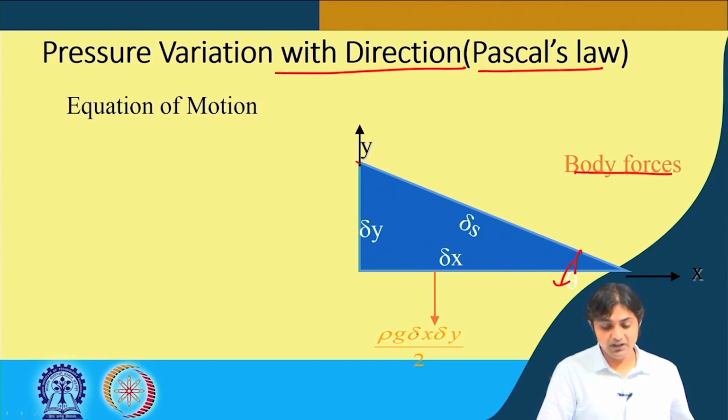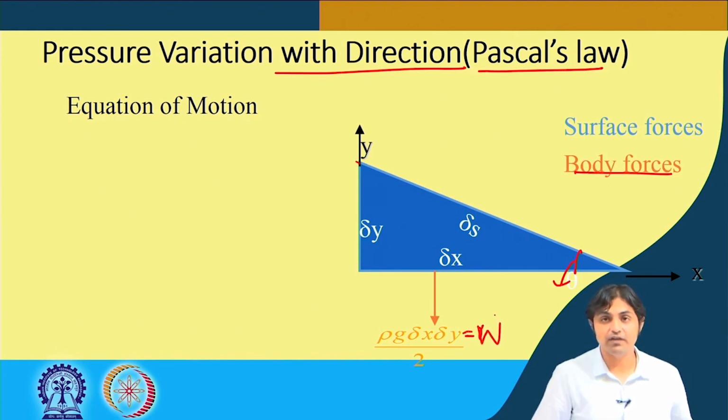So, assuming in z direction we have a unit length, the area of this triangle is half into delta x into delta y, multiplied by 1 will give us volume. So, the weight is going to be rho into g into volume. Okay. So, this is the weight of the element.